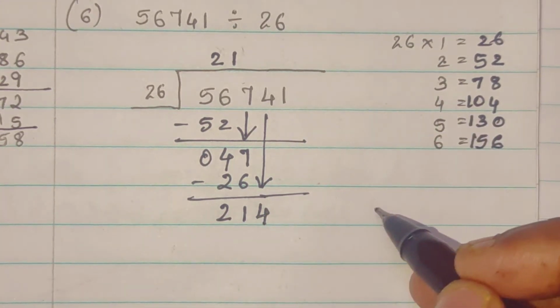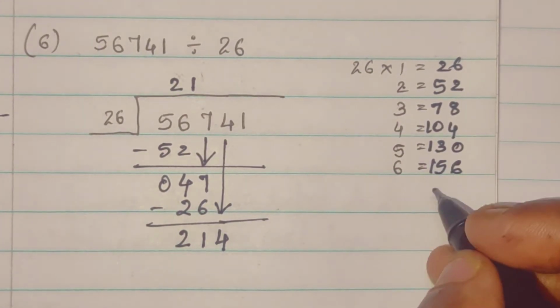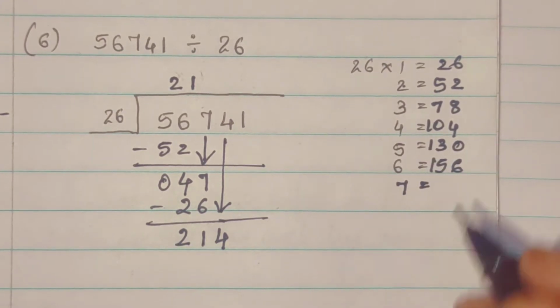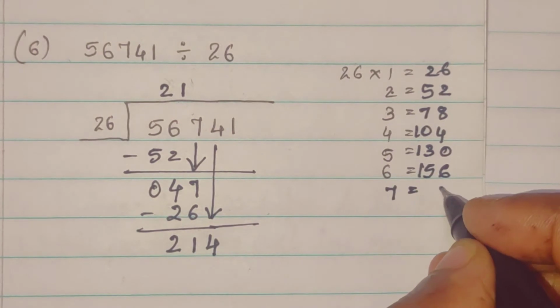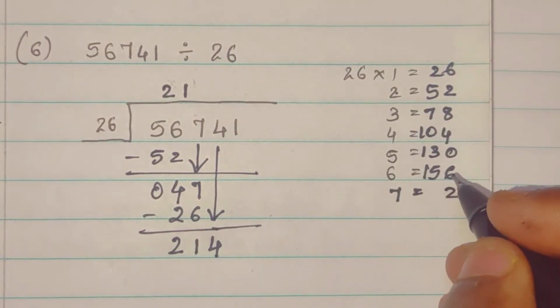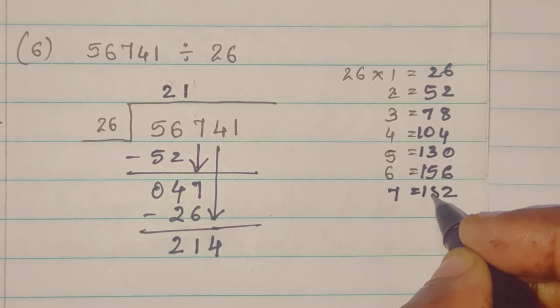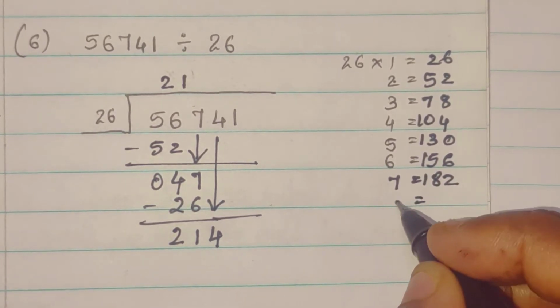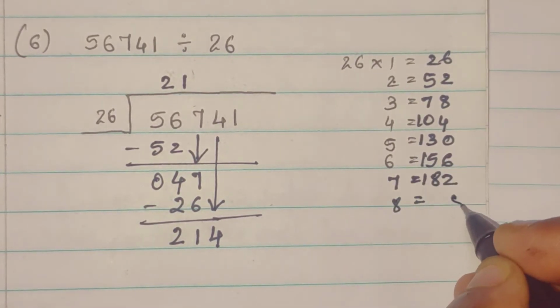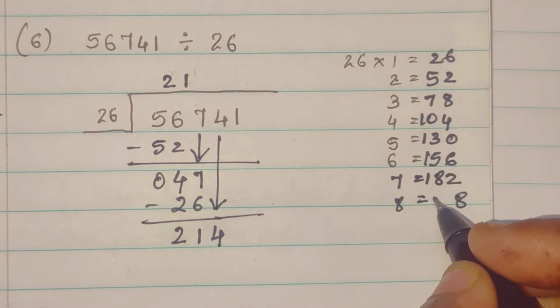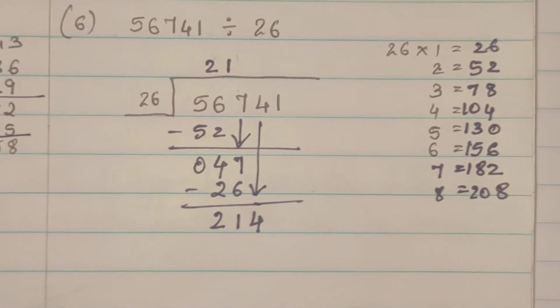ओके, सो 214. यहाँ पे तो मिला नहीं, तो और आगे मल्टीप्लाई करेंगे. 7 6s are 42, 4 carry, 7 2s are 14 plus 4, 18. Then 8 6s are 48, 4 carry, 8 2s are 16 plus 4, 20, 208.